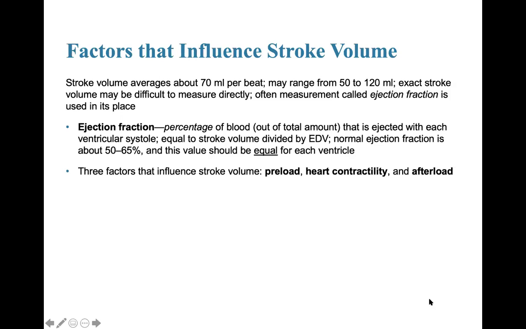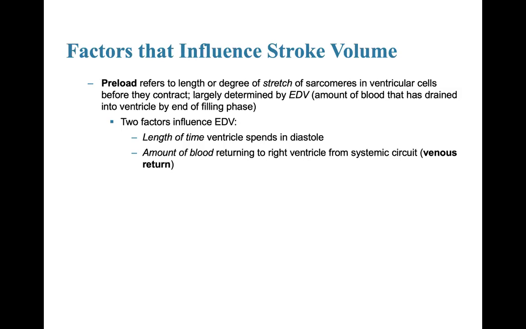Now, there are 3 factors that can influence stroke volume: preload, heart contractility, and afterload. Preload refers to the length or the degree of stretch of the sarcomeres in the ventricular cells before they contract.